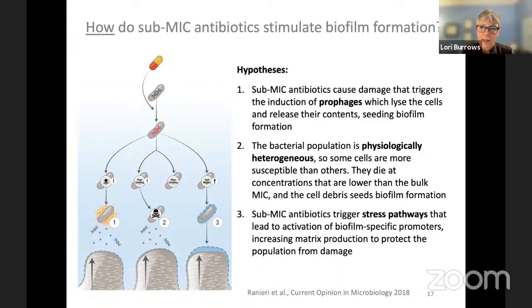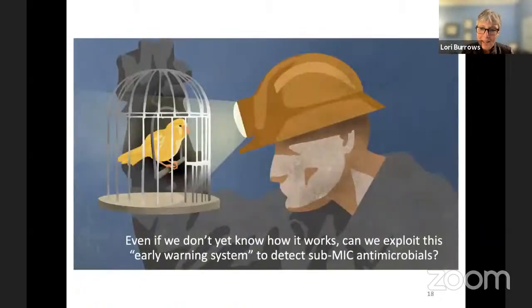So the third idea is that there are stress pathways being triggered, and those stress pathways lead to an increase in matrix production. And this is the hypothesis that we're working on right now, but we are not ready to show you what that looks like because we're still working on it. So in the meantime, even if we don't actually know what exactly is going on inside the bacteria, we wondered if we could exploit this phenomenon of sub-MIC antibiotics increasing biofilm to look for new antimicrobials, right?